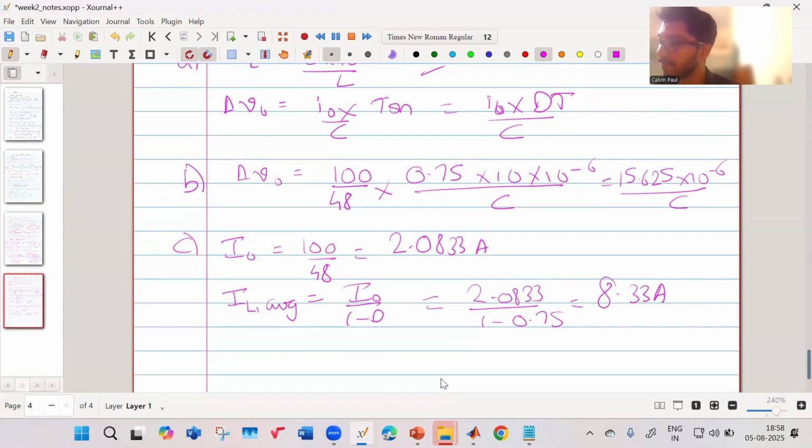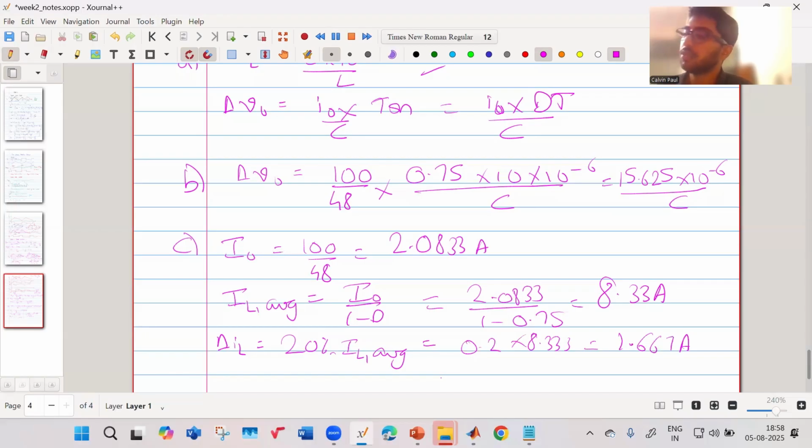Now, we want my delta IL to be 20% of this IL average. Okay, so what is that value? 20% of IL is 0.2 into 8.33, which is actually, as you said, 1.667 ampere. So this is my delta IL.